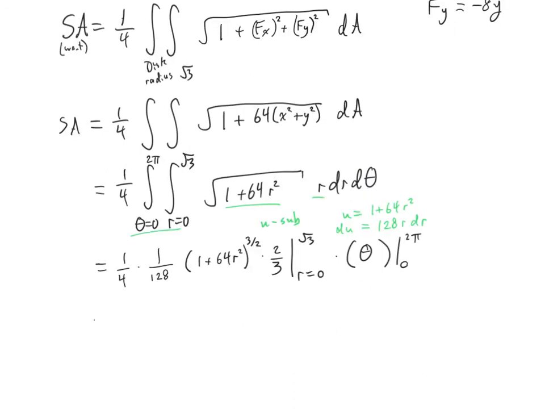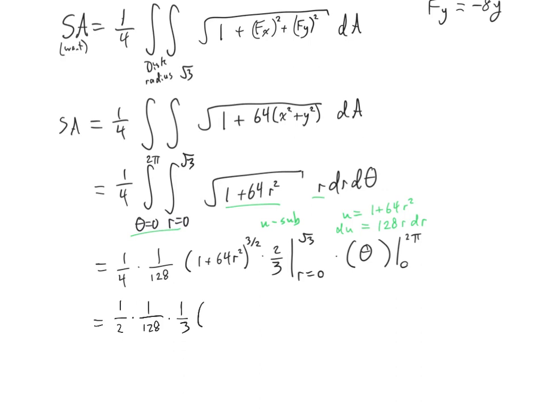To finish it out, if I combine the 2 and the 4, I get a half times 1/128, that's 1/256, times a third. Then when I evaluate this at radical 3, I'm going to get 64 times 3, plus 1.